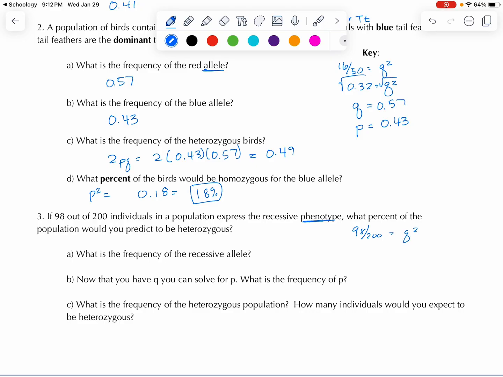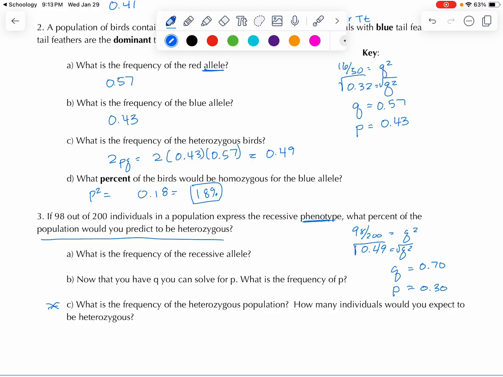Change that to a decimal, so that's 0.49 equals q squared. Take the square root of that, and q equals 0.70. That one was easy math. p would then be 0.30. All right, what's the frequency?